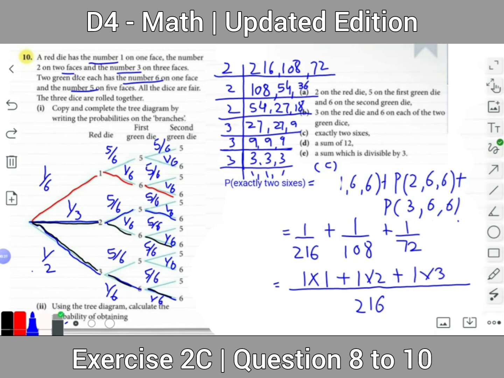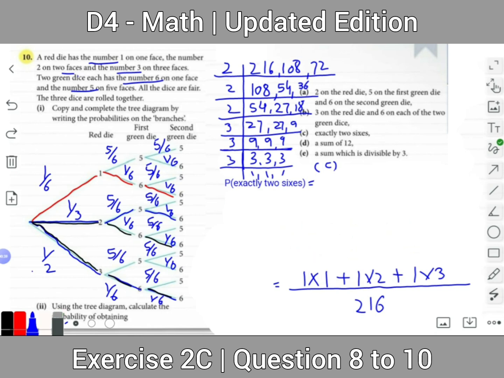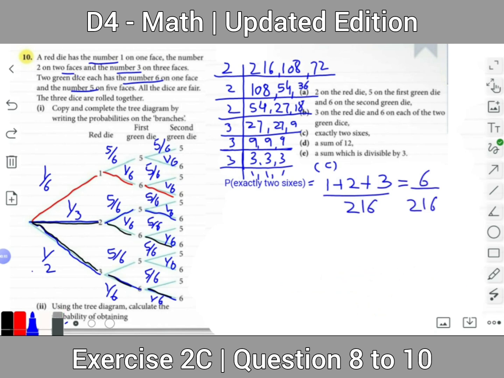Now we have 1 plus 2 plus 3 over 216, and after adding up we will get 6 over 216, and after simplification we will get 3 over 108.